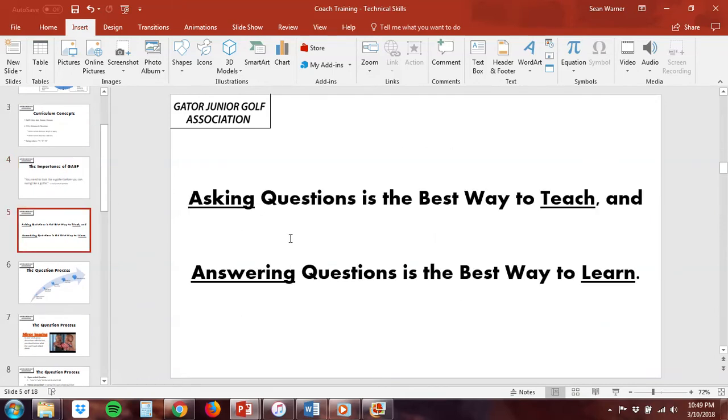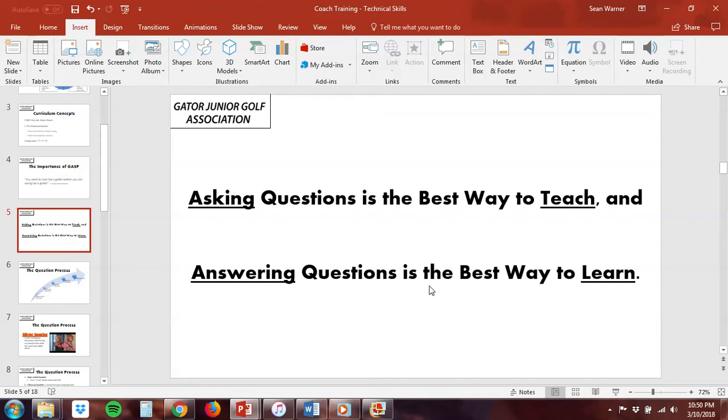Asking questions is a really good way to teach. When the students think and try to answer the question and have to think critically, it's the best way they learn. We make the students struggle to some degree, and that's when the best learning takes place. So always ask questions about shots.